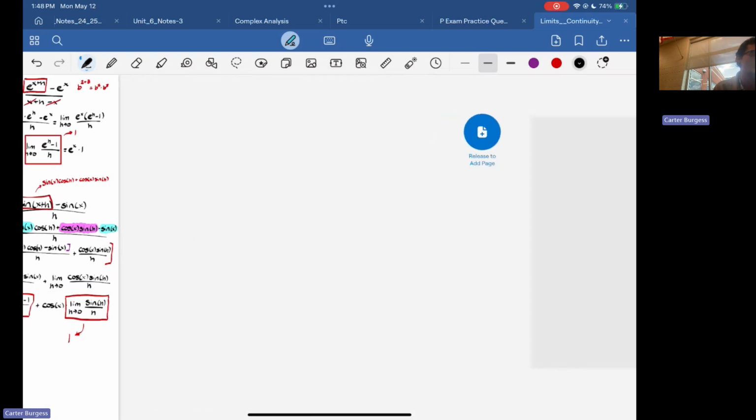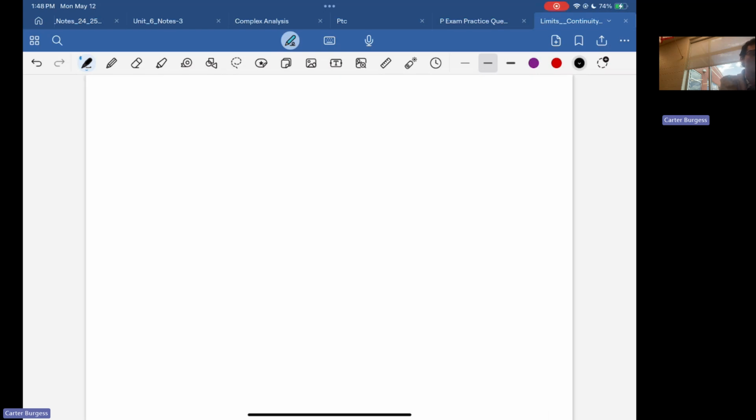And so I want to give you guys some time to take a stab at getting those done. One of them is basically any polynomial is going to be pretty straightforward to do by hand. So take a moment to try part A, which is f of x is equal to x cubed.